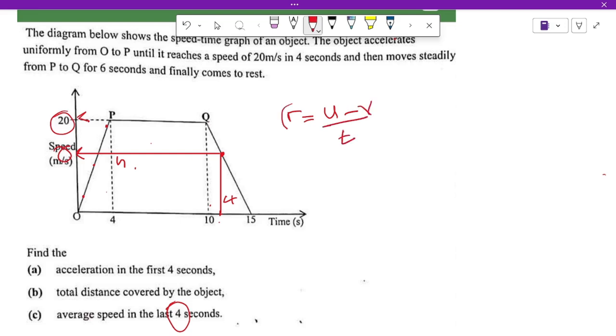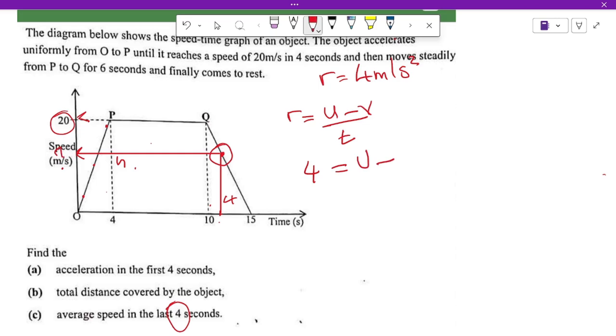Now retardation, we already have it from the previous question. It's 4 meters per second squared. So where there's r, I'm going to put 4. Then u, the starting velocity at this point. If you check this side, we don't know the value. It's not indicated here. So we simply say u minus, what is the v?